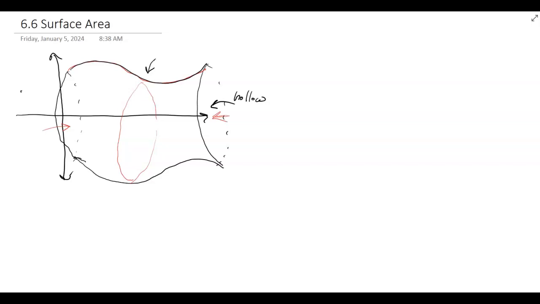I am not going to take you through the full evolution of how we're going to get this formula. If you would like to see it, I will guide you to pages 457 to 460 in our text.